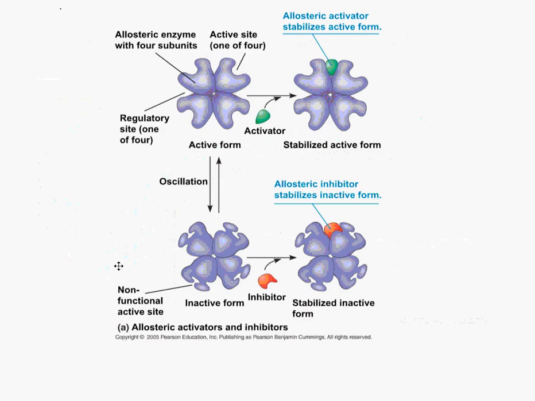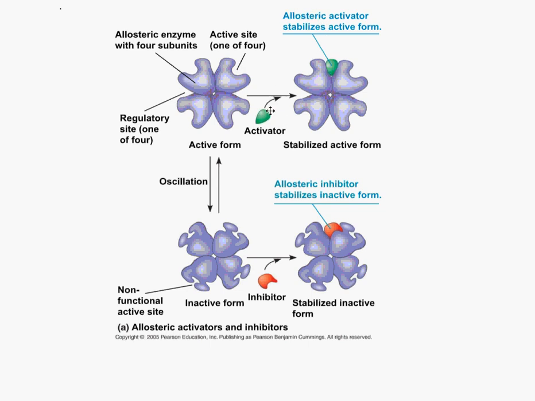Sometimes the body uses this to its advantage. There are enzymes that have activators and inhibitors that both turn the enzyme on, activator, and turn the enzyme off, inhibitor, on purpose, keep them from working. Usually in this case, rather than binding with the active site, as you can see the active site of this particular enzyme, there are 4 active sites, you have this other site that's called an allosteric site, another place.